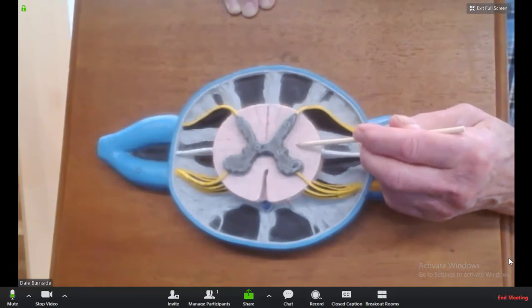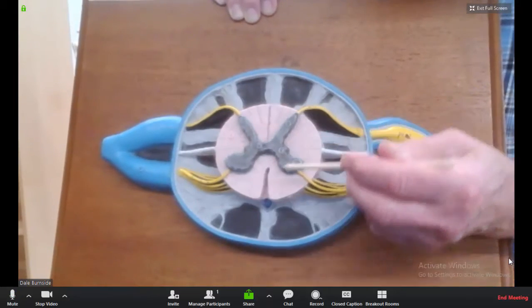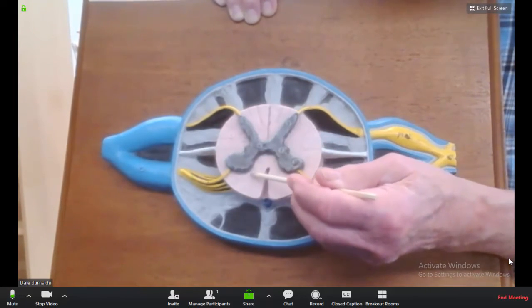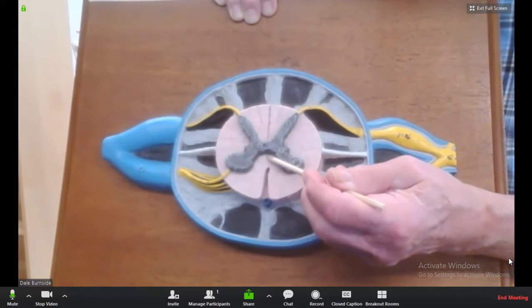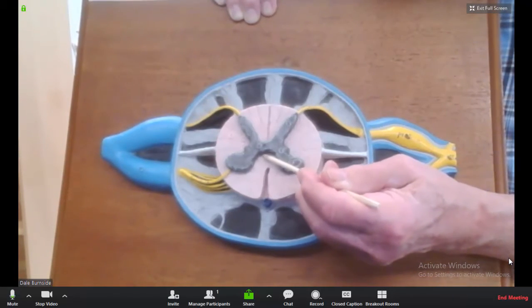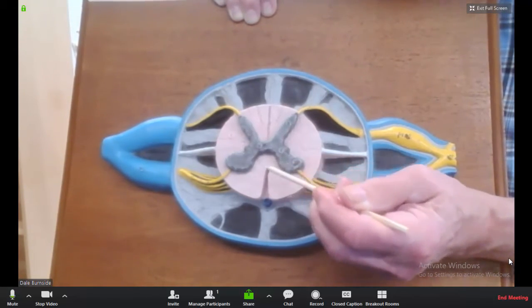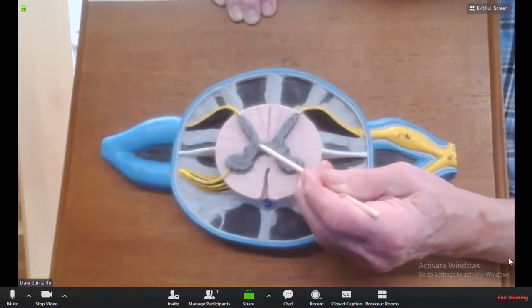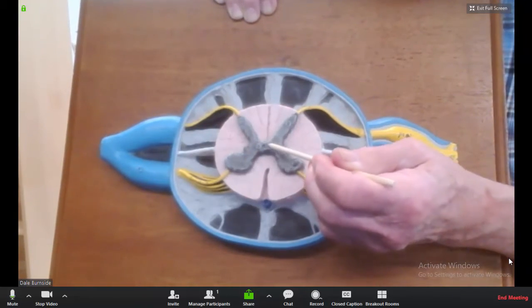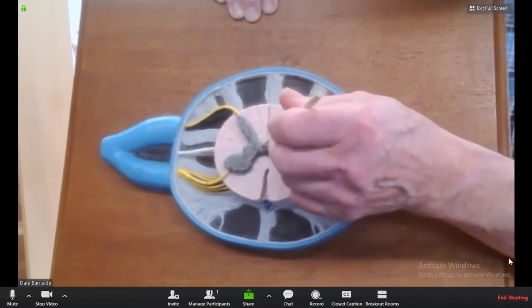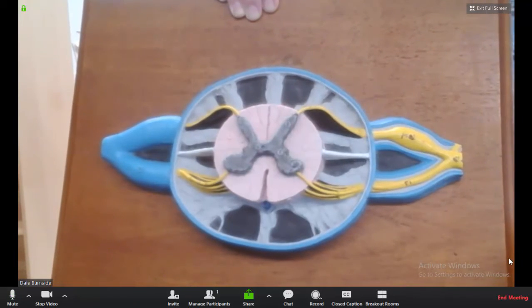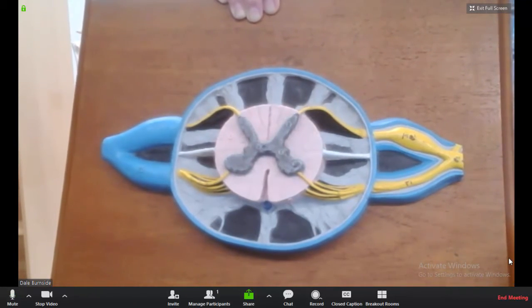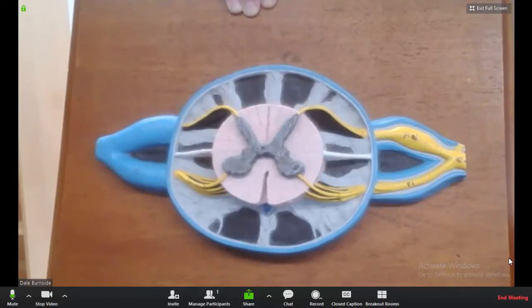And the white matter is connected to the white matter on the left and right sides right down there, and that's called the white commissure. The gray matter on each side is connected right here, and that's called the gray commissure, and the middle right there is the central canal. That's the central canal.